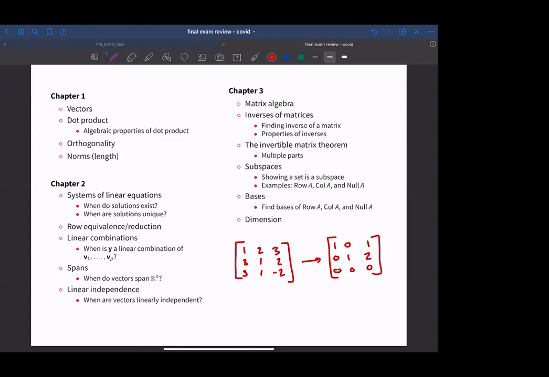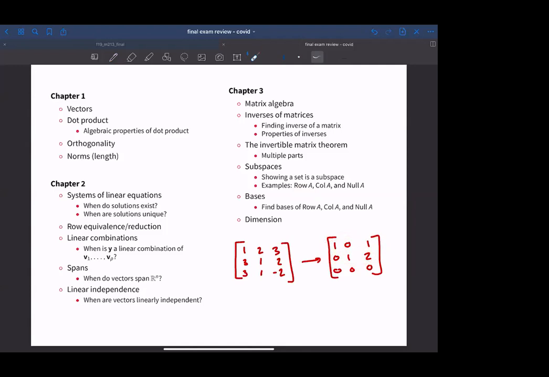Well, if I'm interested in the row space first, what I'm going to do to find a basis is just take the non-zero rows. So I'm going to take that row, and that row, and that'll give me a basis for the row space. So I take the non-zero rows of the reduced matrix.